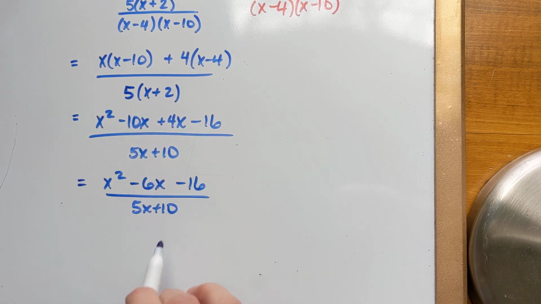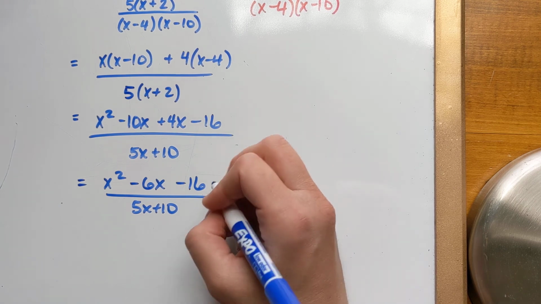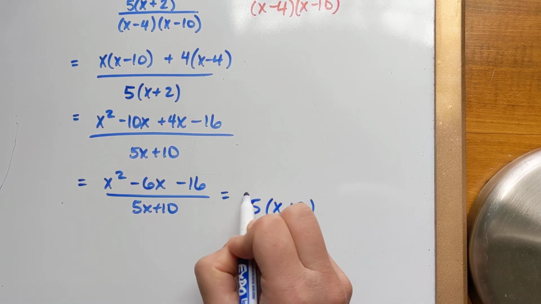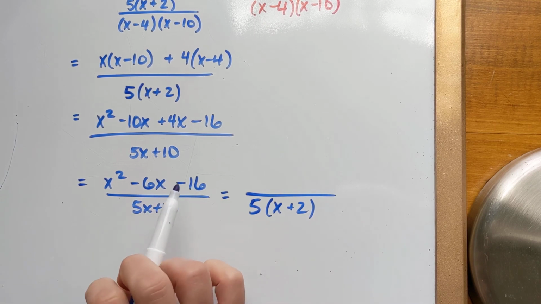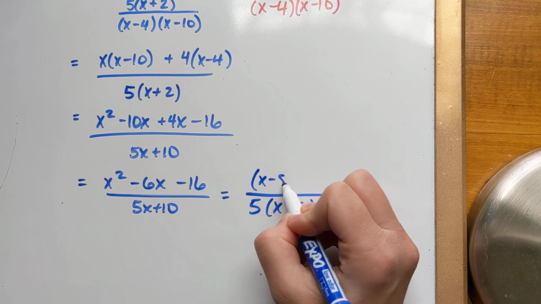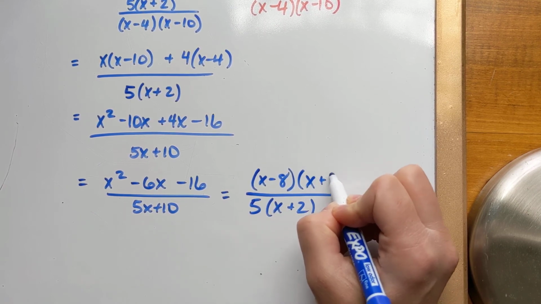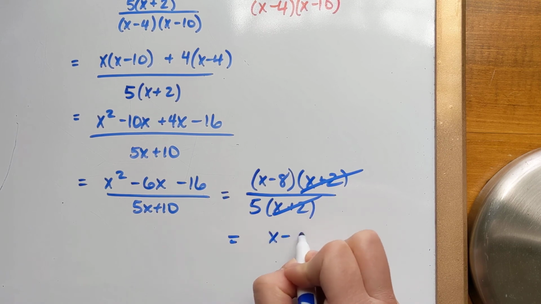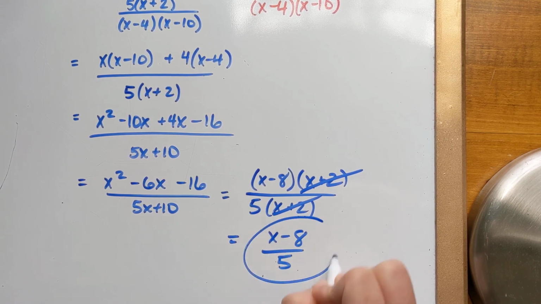I'm going to put back the 5 times x plus 2. All right, 5 times x plus 2. And in the numerator, I'm looking for something that multiplies to negative 16 but adds to negative 6. That should be x minus 8 times x plus 2. And voila, they do cancel. So you just get x minus 8 all over 5.